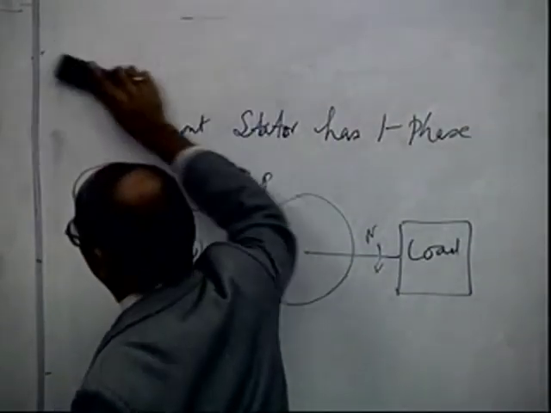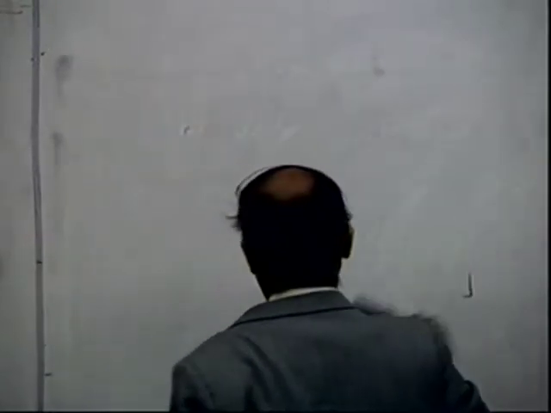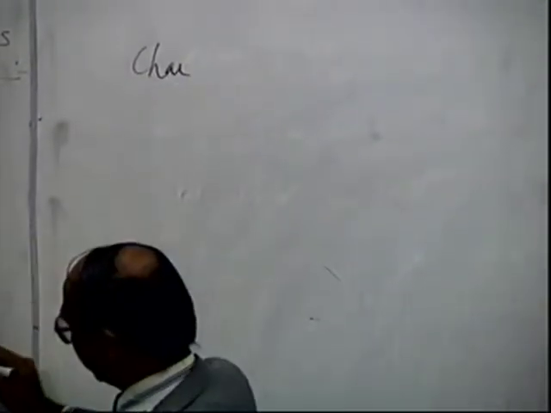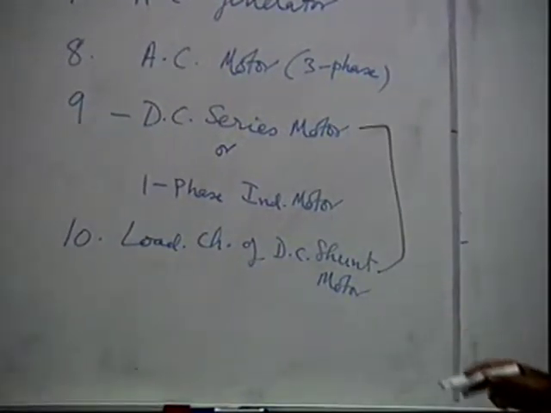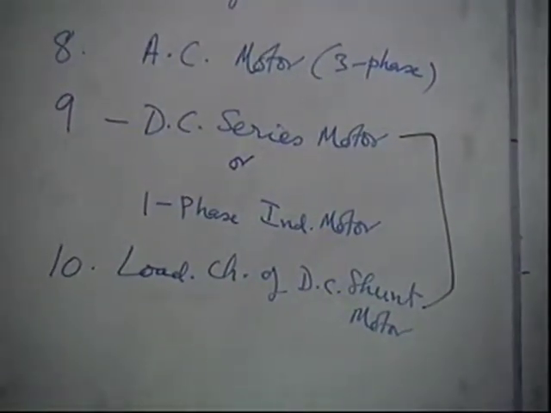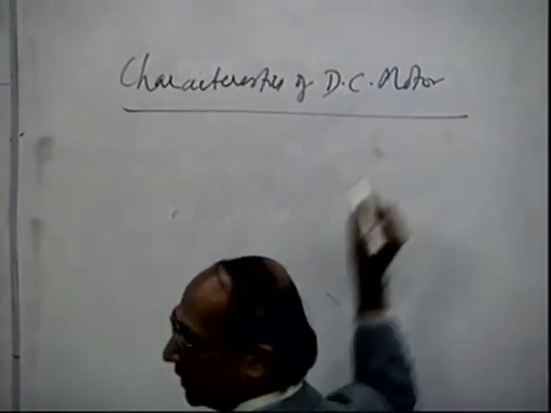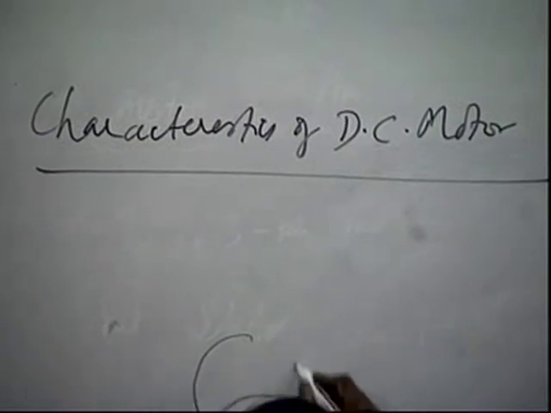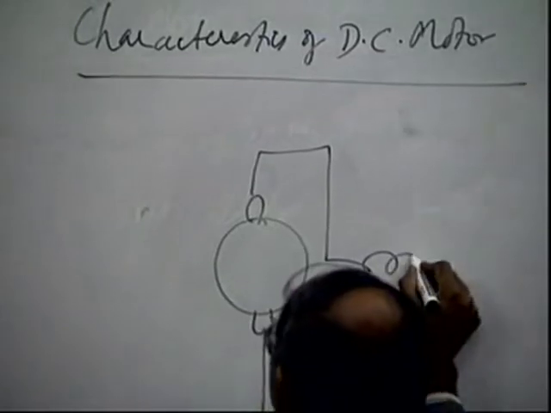Then you will have the characteristic of DC motor. These two experiments, DC series motor, DC shunt motor. In a DC motor, there are broadly two ways of connecting the field winding.